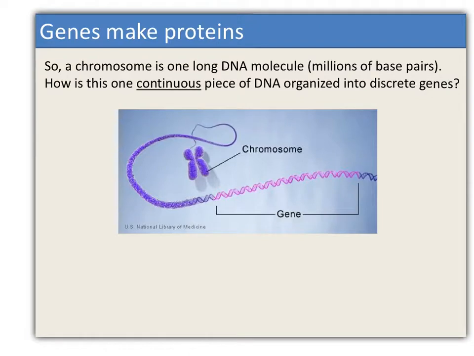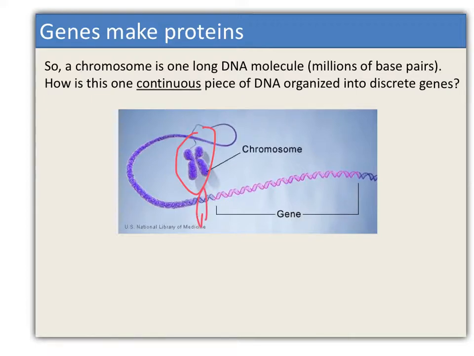So a chromosome is, of course, one long DNA molecule. Each chromosome, one long DNA molecule with millions of bases or nucleotides. Now, this is a homologous chromosome, of course. So, one from mama, one from papa.